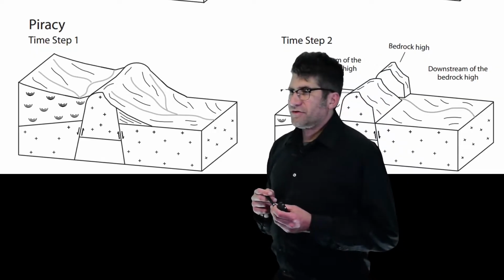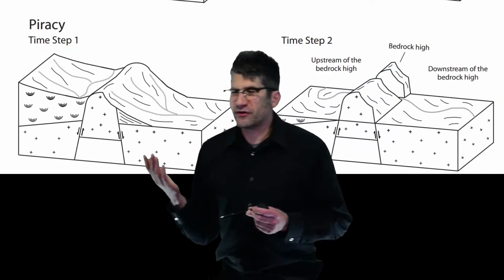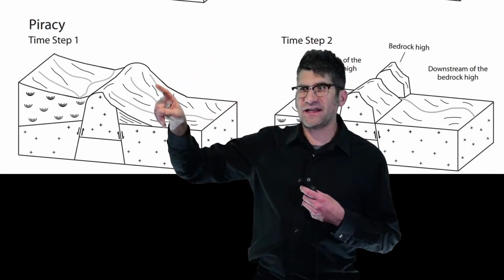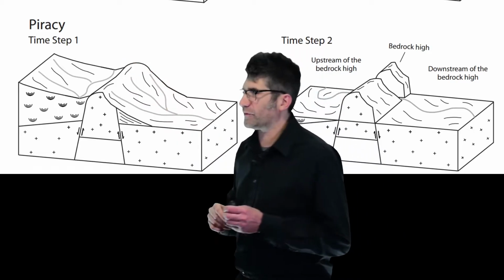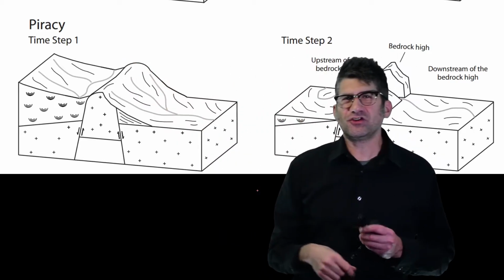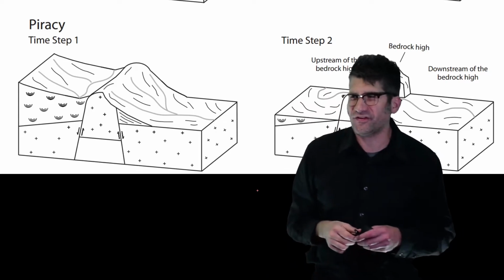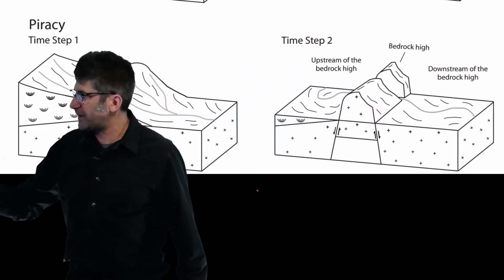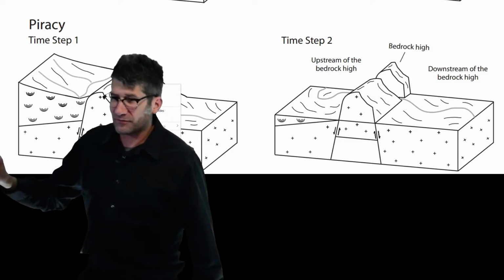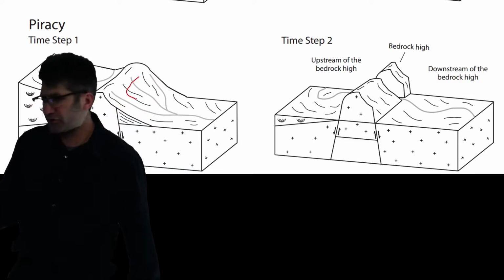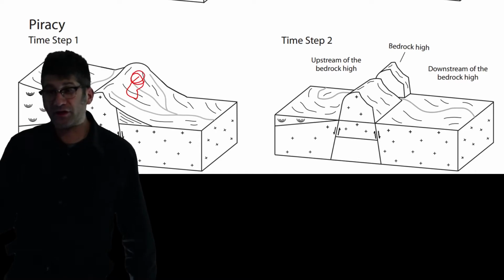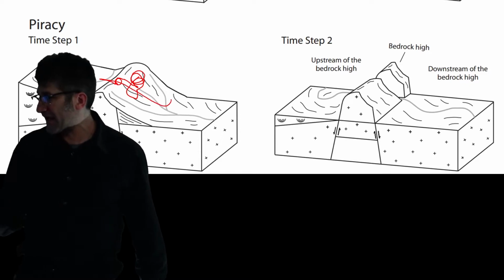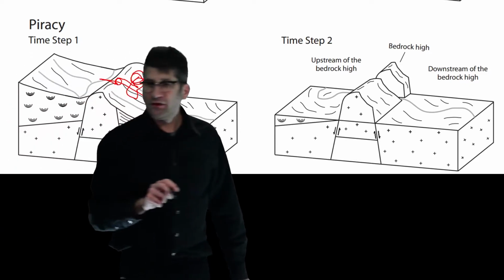Okay, our final type is similar to overflow, but it's where one stream cuts into a drainage basin divide and captures another river system. We call this, yes, you guessed it, stream piracy. With stream piracy, what we're looking at is we've got a drainage basin here, and right here we're eroding on our drainage basin, and we cut through the drainage basin divide and we capture another drainage basin.